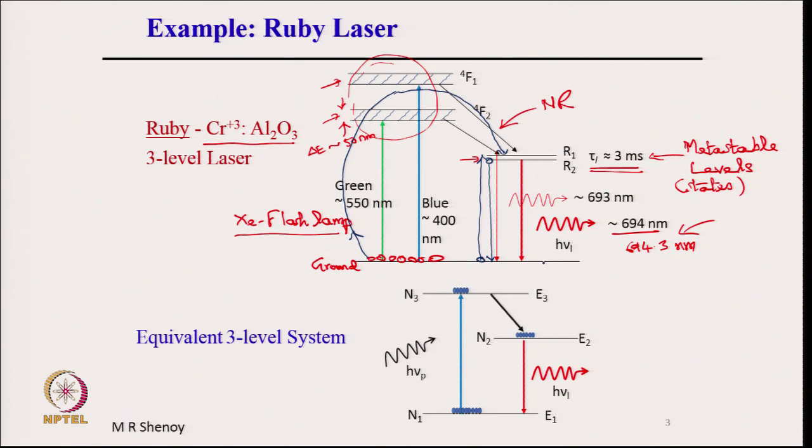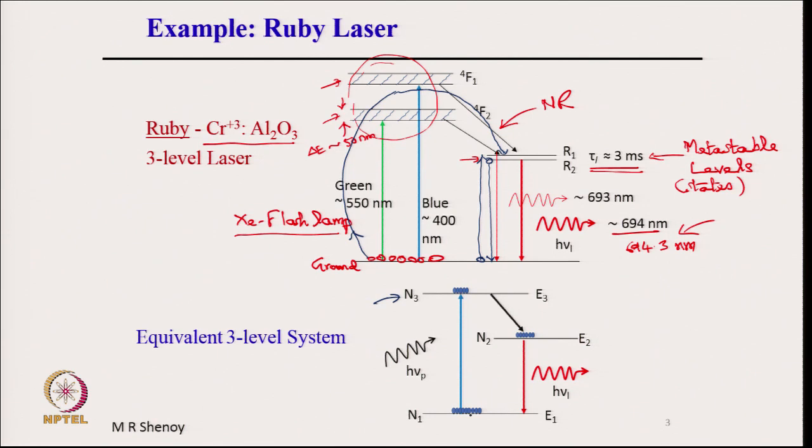And therefore, an equivalent 3 level diagram is shown here. The upper level is actually the combined bands shown here. So, there is a third level, atoms are excited to the third level, from where they come down to the second level where population inversion can take place.